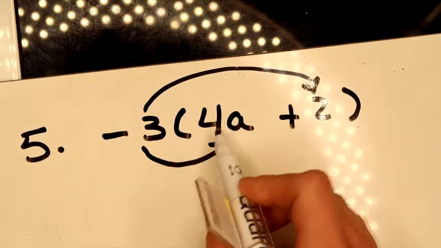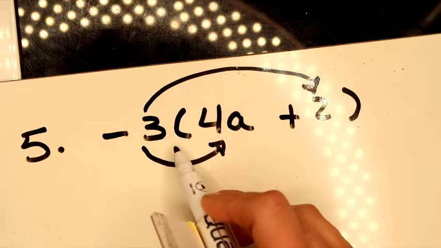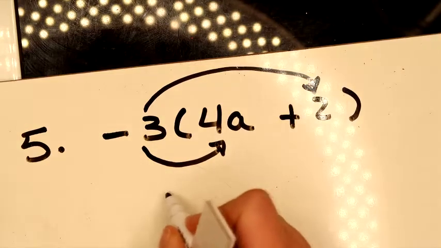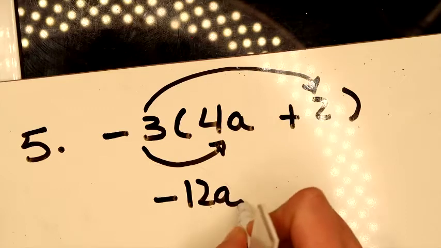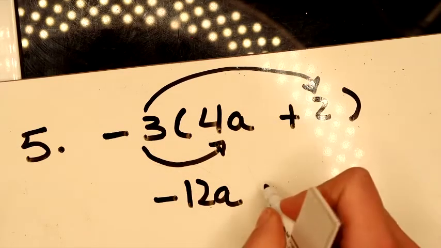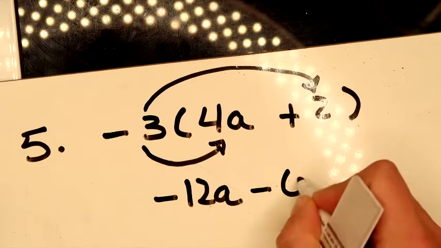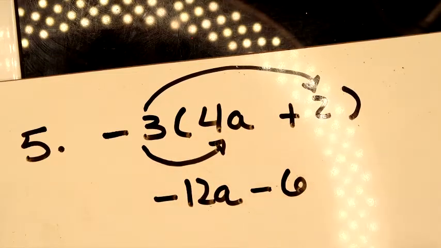Negative 3 times 4a. Well, 3 times 4 is 12, but we have that negative, so it's actually going to be negative 12a. Negative times a positive 2 is going to give me negative 6, because 3 times 2 is 6, and it's negative.